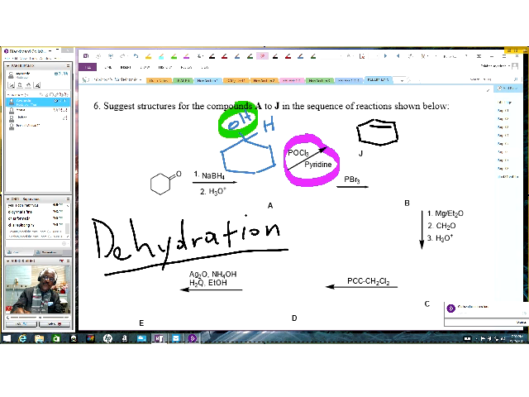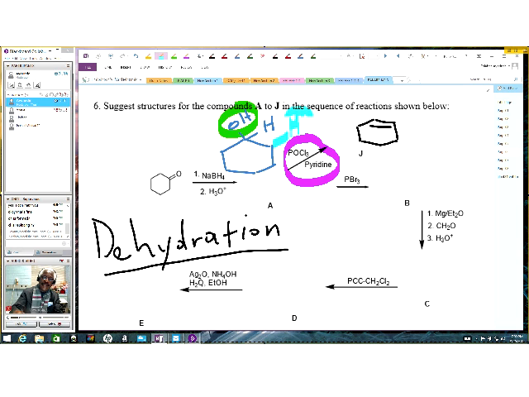You are going to look at the hydroxy group and the hydrogen that is in this position right here.